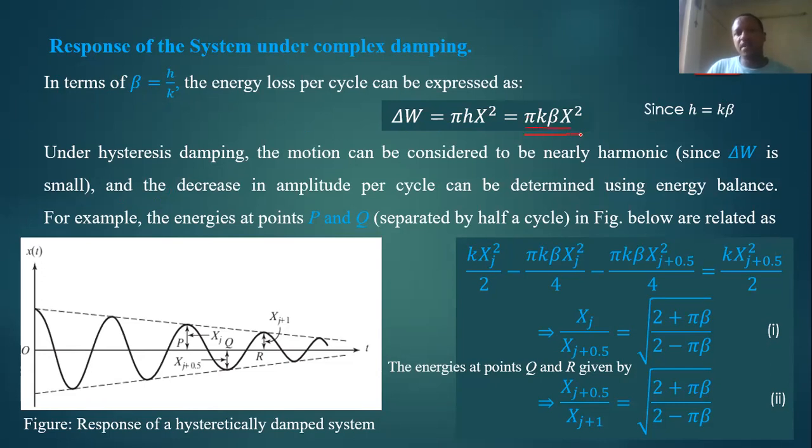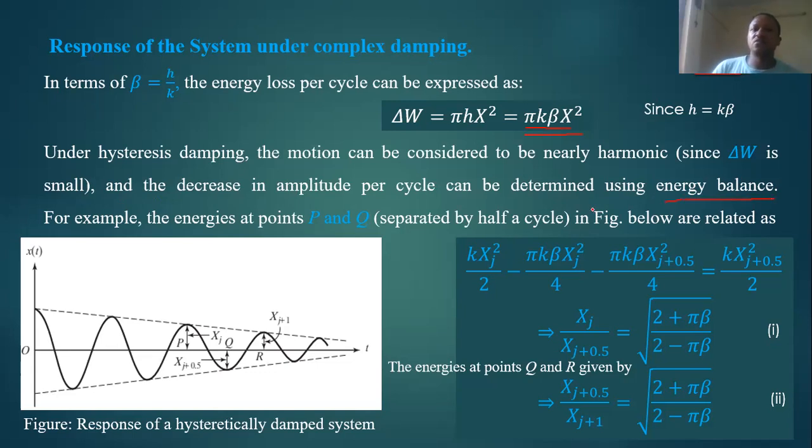This is pi K beta x squared, the amount of energy lost per cycle. Under hysteretic damping, the motion can be considered to be linearly harmonic. Therefore, delta W is small, and the decrease in amplitude per cycle can be determined using energy balance.